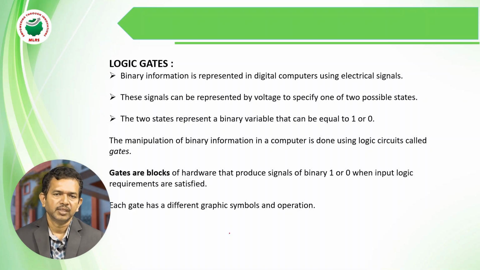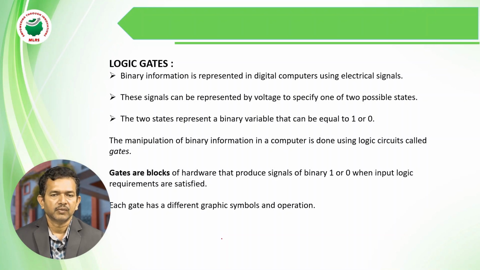The signal may be green or sometimes red. We can say it as on and off. These signals can be represented by voltage to specify one of two possible values, 1 or 0, or on and off. The two states represent the binary variable that can be equal to 1 or 0.